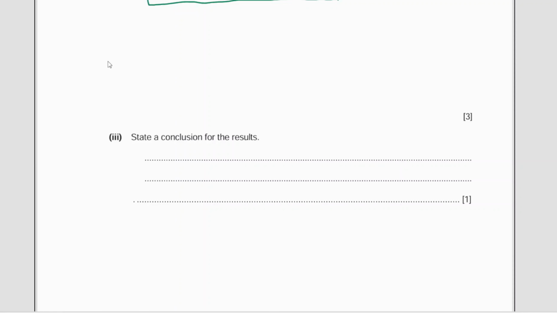This is not the conclusion. These are two different things. As the time increases, you have observed that when it comes to 5 minutes, more volume of DCPIP is added. Is it so? More volume of DCPIP is added.